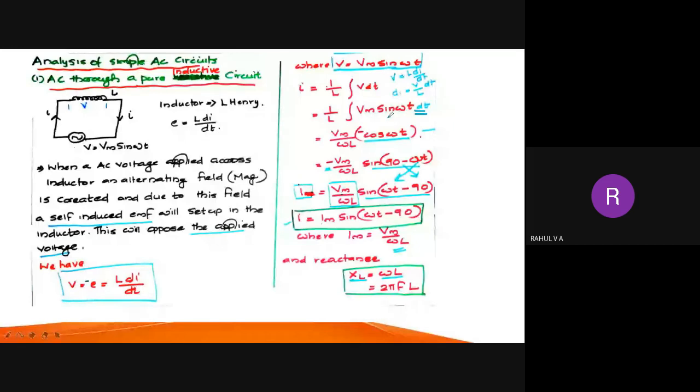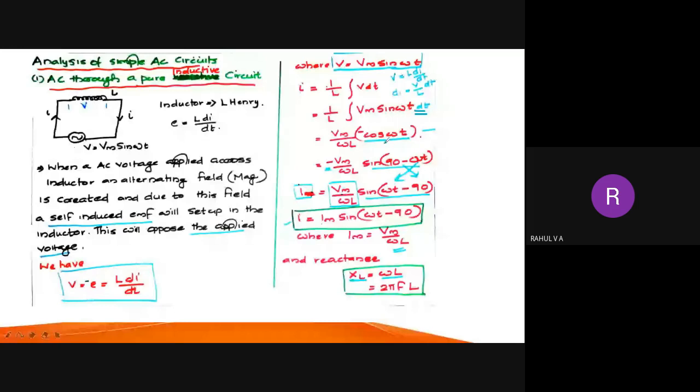integral of sin omega t dt. Minus cos omega t. Because it is dt, I have to write minus cos omega t divided by omega.